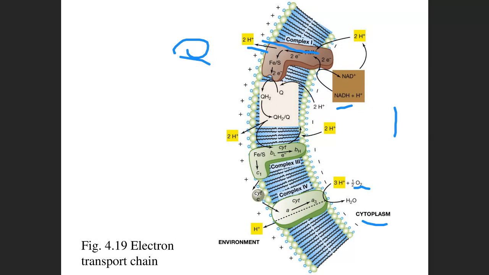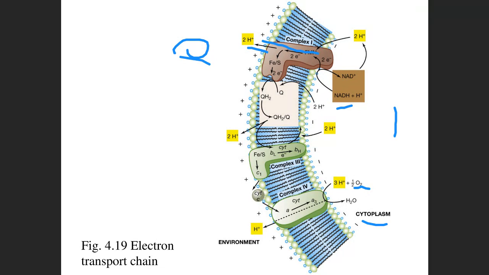What if you don't have oxygen? If we don't have oxygen, we're dead, right? But later on I'll explain, some bacteria are actually able to use another molecule as the electron receptor instead of oxygen.